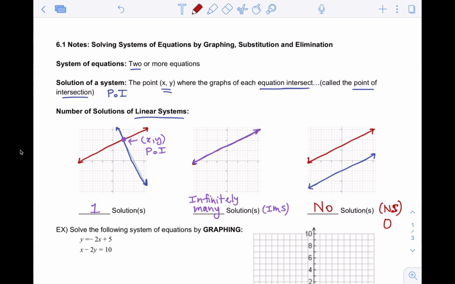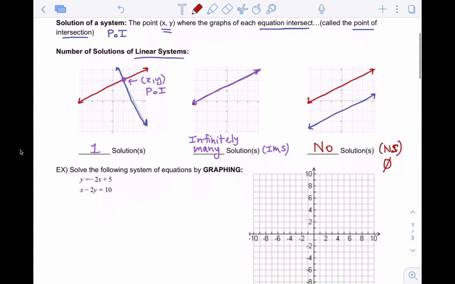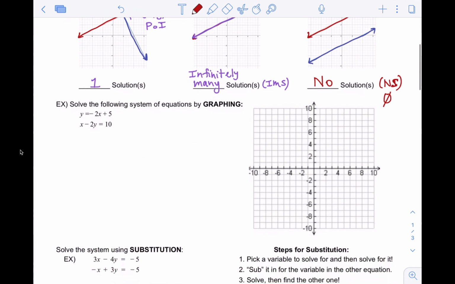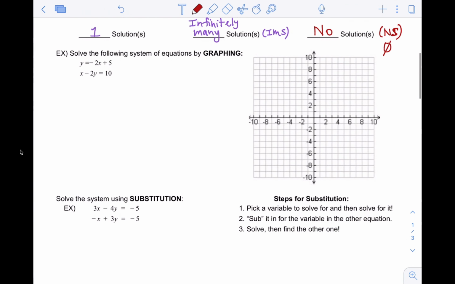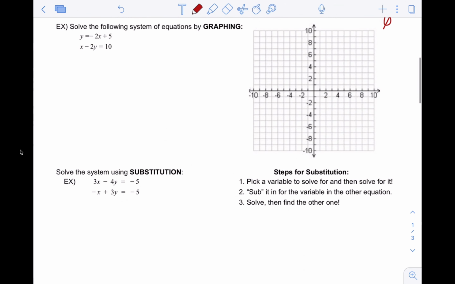It's like a circle or a zero with a slash through it. That's one way to show no solution, or you can just write no solution. That's fine too. So let's talk now about the three ways of getting either one solution, infinitely many, or no solution. The first method that we're going to teach today is simply graphing, which we just previewed.